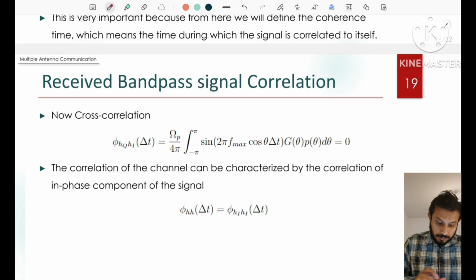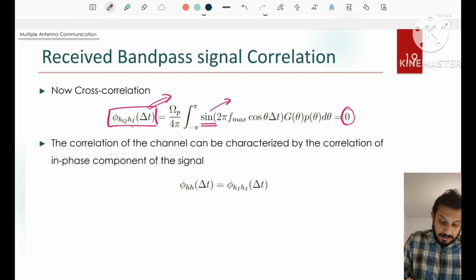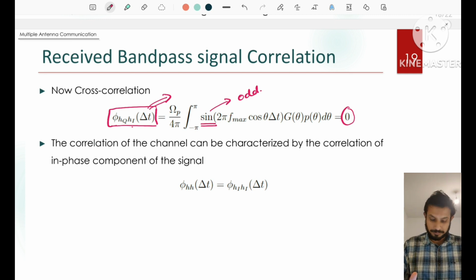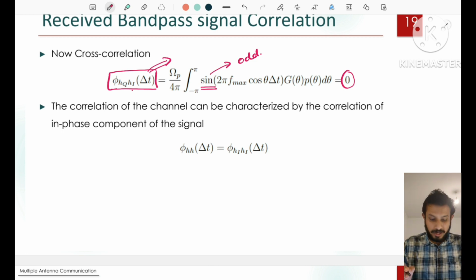And now we want to see what is the correlation of Hq with Hi. And we saw that this cross correlation is equal to 0 because this sine is an odd function, and so this integral comes out to be 0. So because of this, we can say that the correlation of the channel can be characterized by the correlation of the in-phase component of the signal.